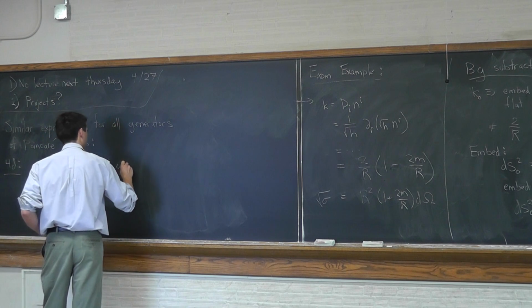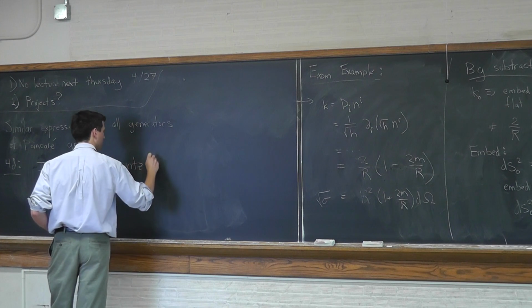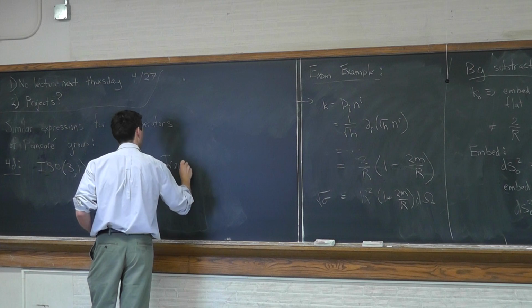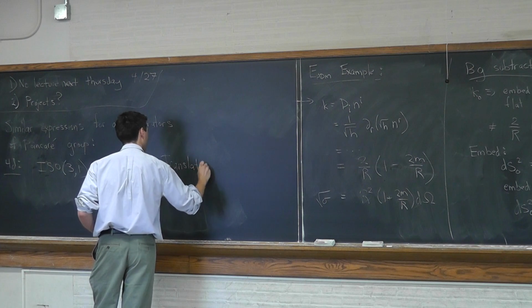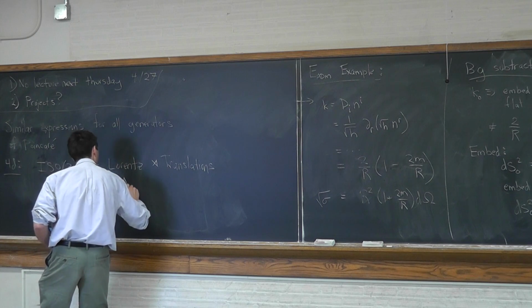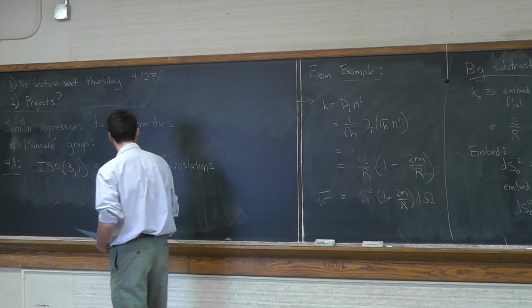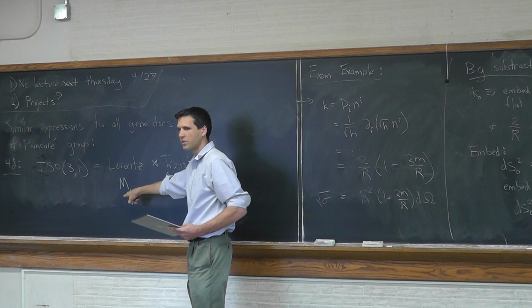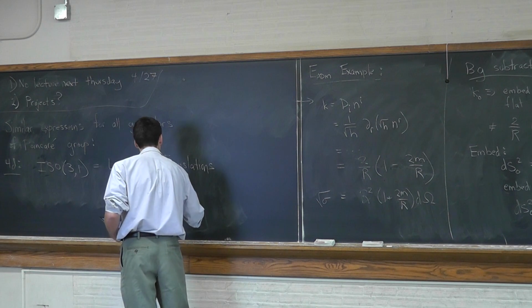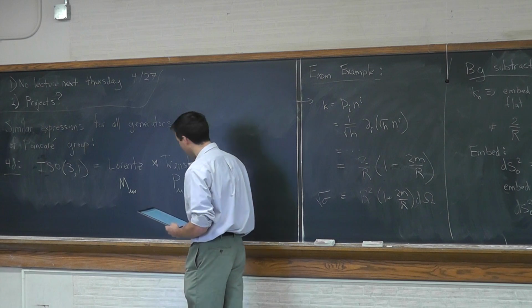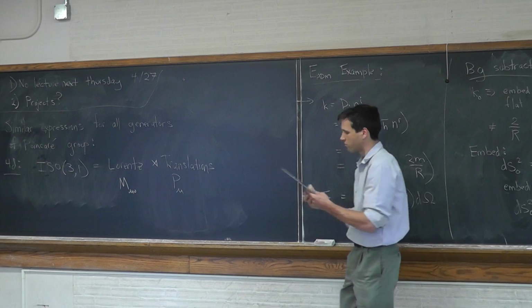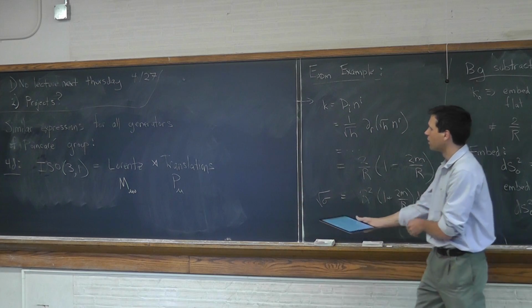This is Lorentz, semi-direct product, translations. If we call the Lorentz transformations M mu nu for boosts and rotations in the mu nu directions, and the translations P mu, then there are 6 of these and 4 of those, so there are 10 generators of the Poincare group in 4 dimensions.